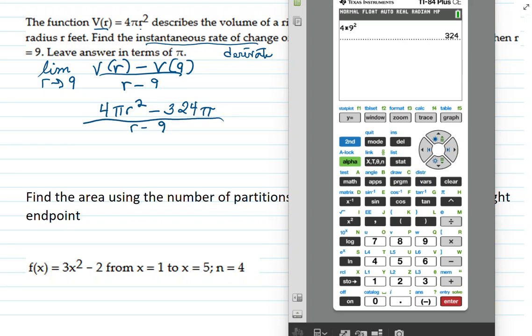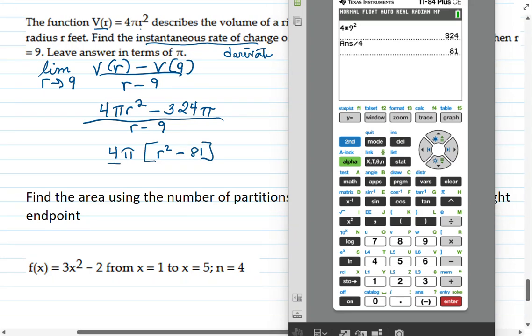I'm going to factor out a 4 pi. And that's going to leave me an r squared minus, and I'm going to divide this by the 4, 81. So now I'm going to factor it.